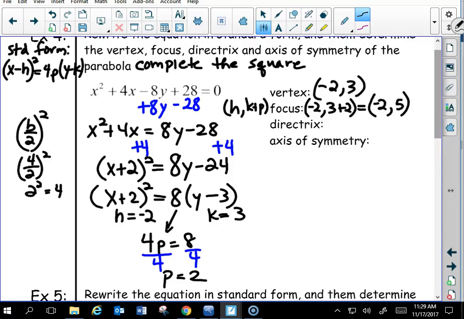The directrix is the equation y equals k minus p. k is 3, p is 2, gives the equation y equals 1. And our axis of symmetry is going to be at x equals h. So the equation for our axis of symmetry is x equals negative 2. All right, done with that problem. I'll see you on the next example.